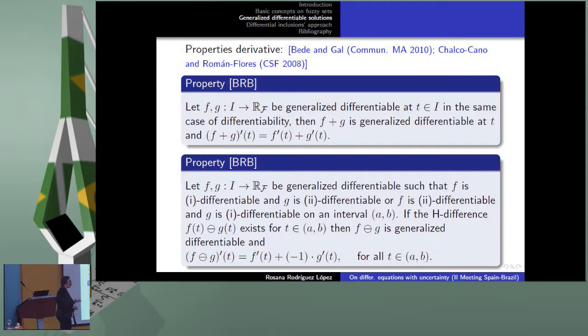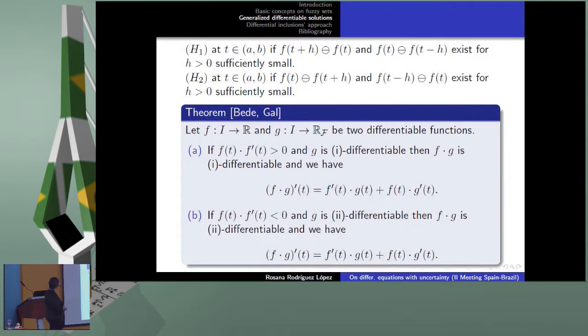Also for the product, for example, of a real function times a fuzzy function. So for the derivative of the operation between fuzzy functions, if you consider notions of, for example, a strongly generalized differentiability, the expressions obtained are not very useful to handle in general, and it produces that the expressions of the explicit solutions, even for simple cases, are so intricate.